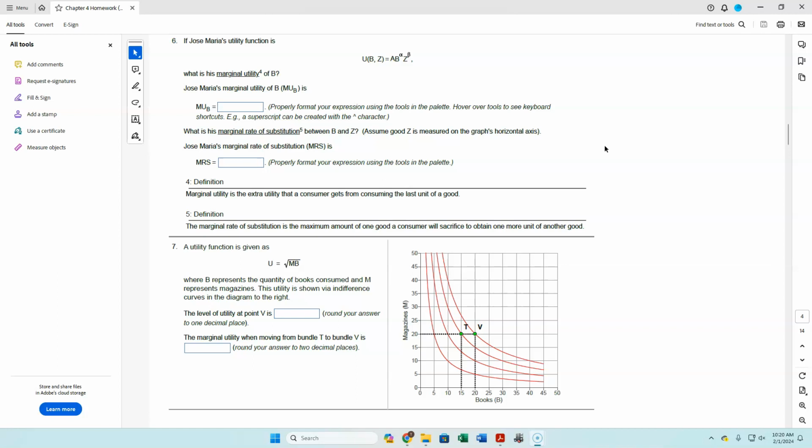Now this one, okay, so this one's going to involve a bit more math here. So let's start. Okay, so here's our function.